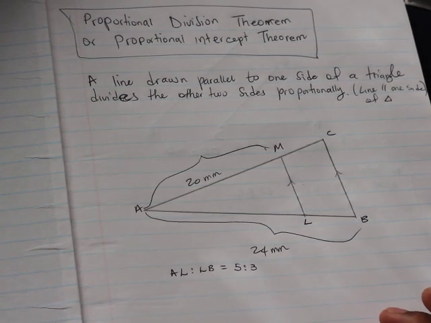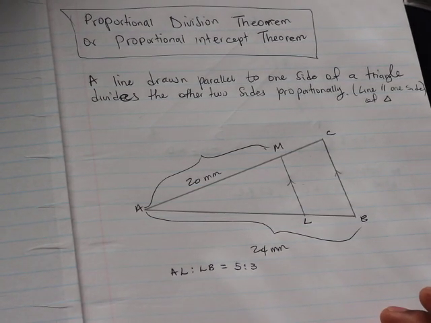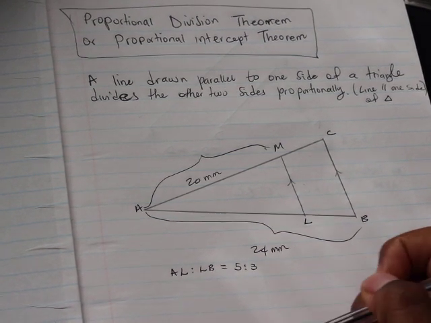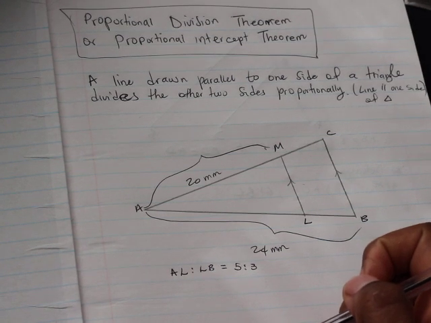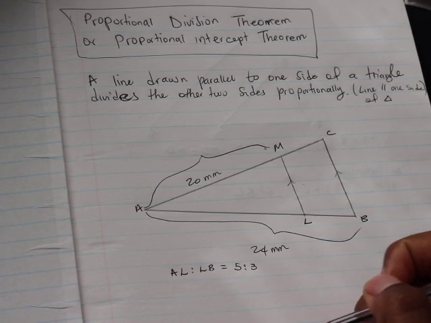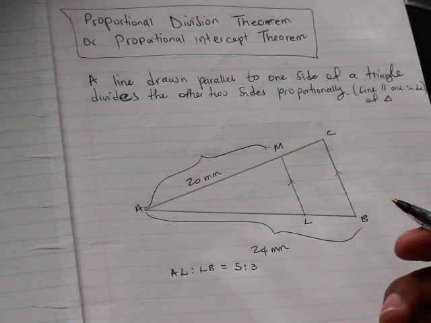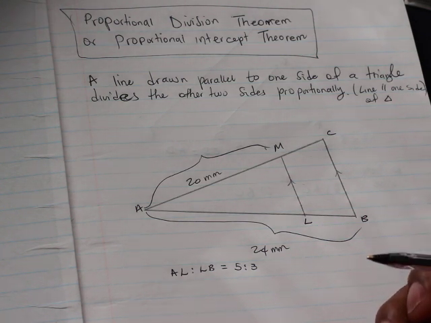According to our textbook, the question was: determine the length of AL. So now we need to apply what we know.